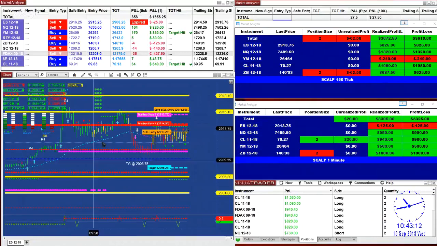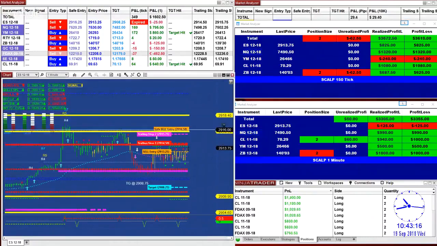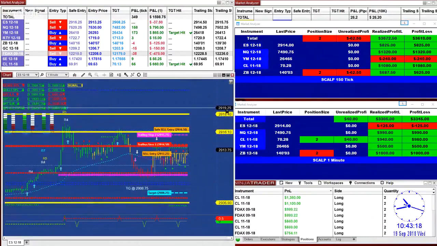It seems like we're about to get a new signal on the ES, so keep your eye on the ES and keep your eye on this column. It seems like we're about to have a new signal on it.